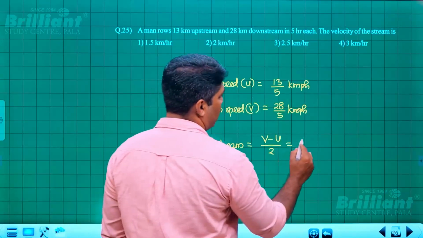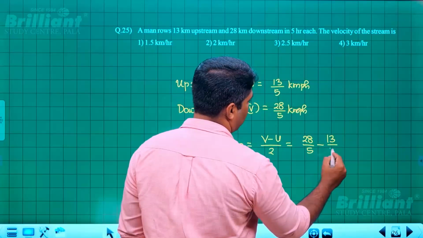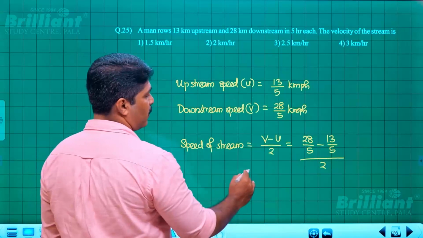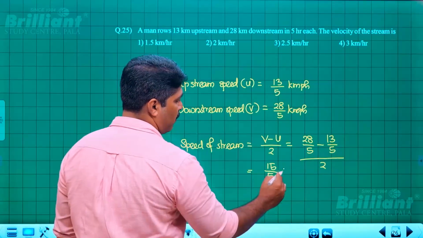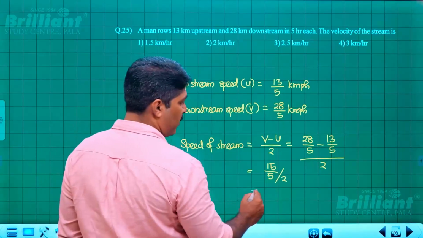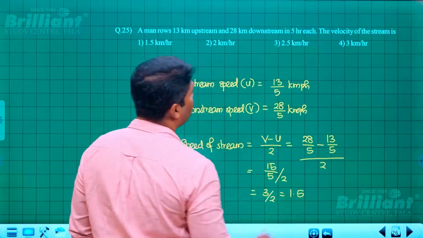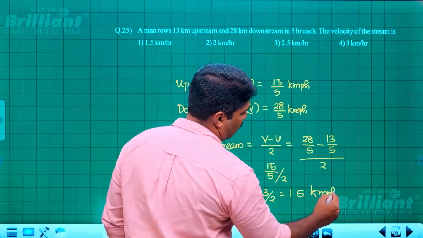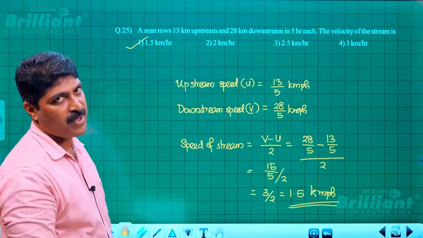So this is simply (28 by 5 minus 13 by 5) by 2. 28 minus 13 is 15, so 15 by 5, divided by 2. 15 by 5 is equal to 3. Therefore, this is 3 by 2, which is 1.5 kilometers per hour. So the answer is option 1.